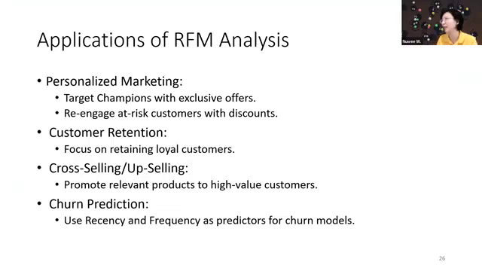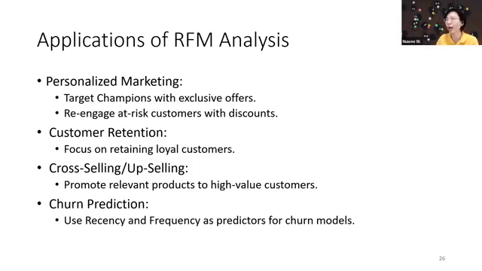First, we can have personalized marketing. In modern business, we don't do one-size-fits-all anymore. Emails going out to everyone will probably be different. So RFM allows us to tailor the conversations with particular customers to be different.